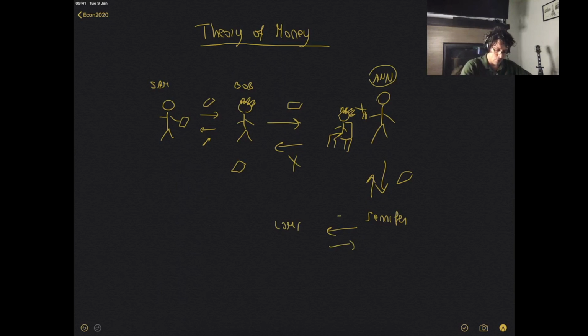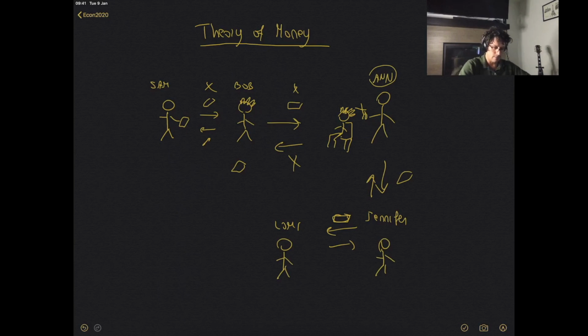Okay? So you can see that basically everyone is accepting money from another individual, and the reason is that they know that with these fancy coupons called money, they can make their transaction.